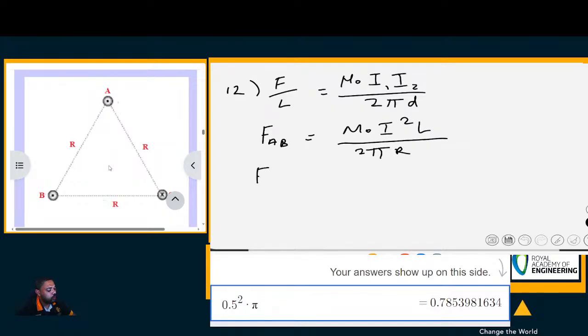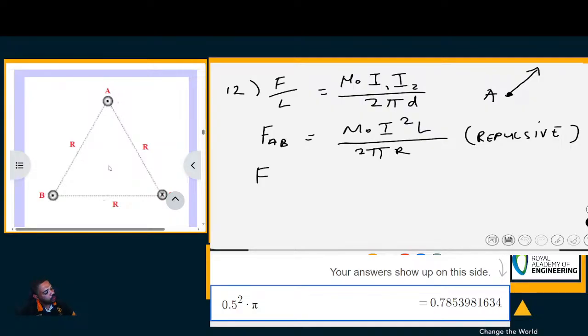Now let's calculate the force. They're in the same direction, out of the page, so they will be repulsive. We want the force on A. So this force due to B will push in that direction.